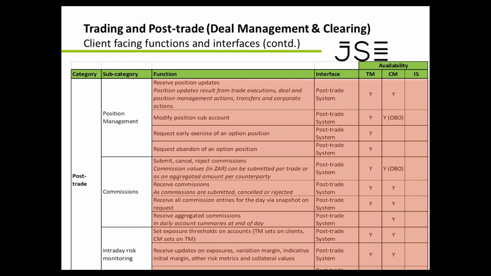If a position, specifically after T, is sitting on the wrong account, you can adjust that position sub-account through a position sub-account modification. Your option exercises and abandons are also actioned through the eMAPI interface. So that's where you'll be exercising and abandoning any option positions you may have as the long position holder.